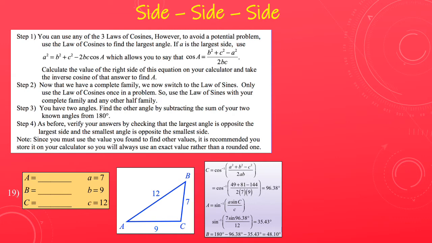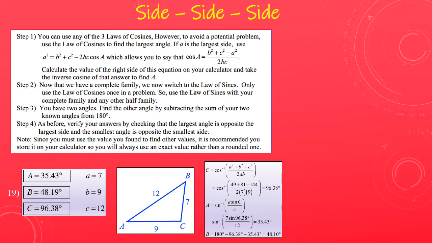And finally, angle B equals 180 minus 96.38 minus 35.43, getting 48.19 degrees. So our final answer is angle A equals 35.43 degrees, angle B equals 48.19 degrees, and angle C equals 96.38 degrees.